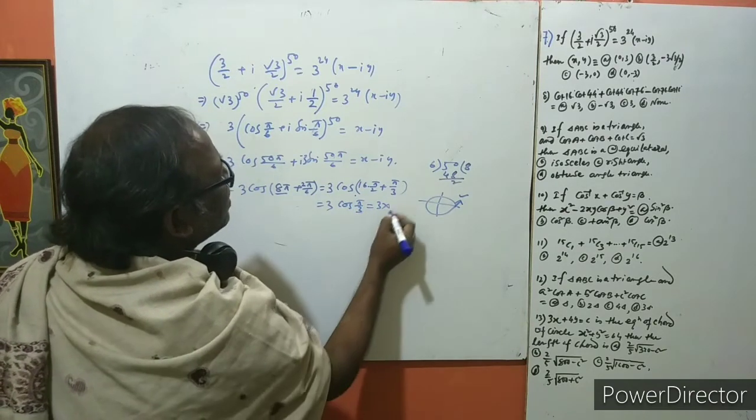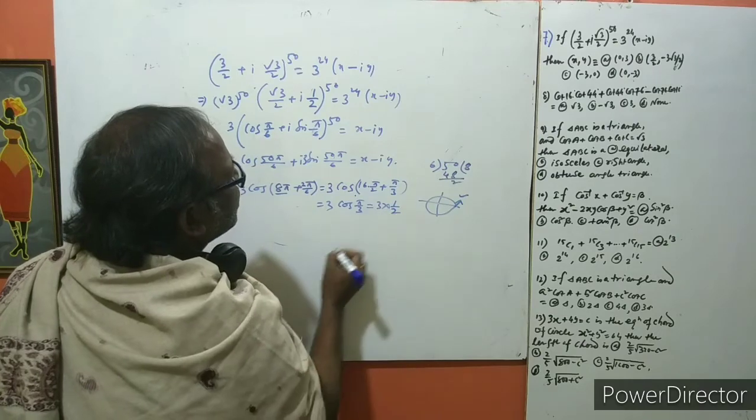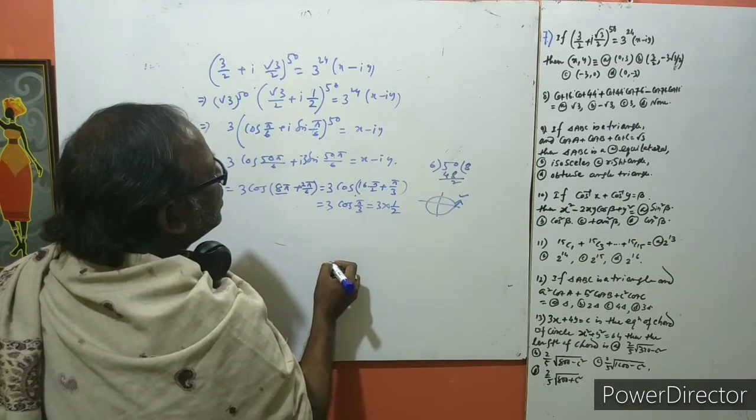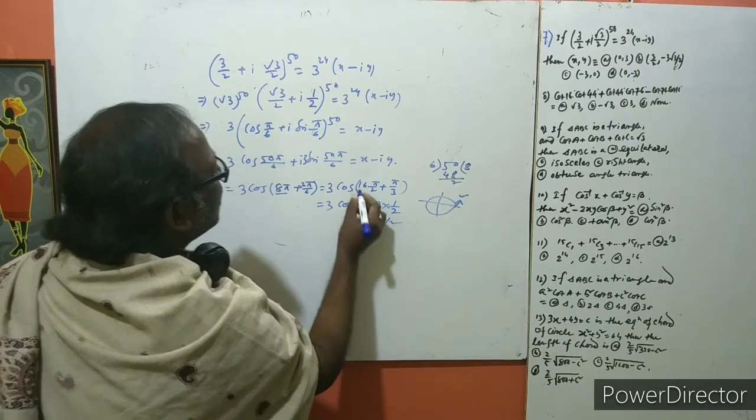Pi by 3, that is 60, and cos 60 is half. So this is 3 by 2.